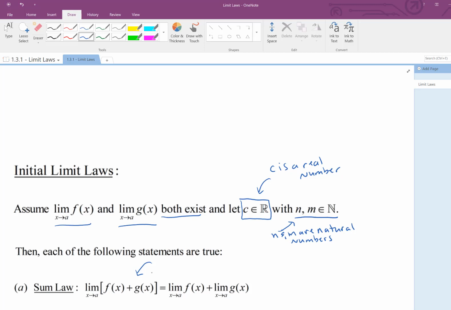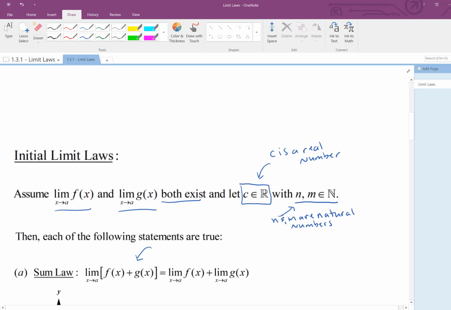But for this first one, I want to show you a graphical analysis of why it could be true, a visual representation, and then you can get the idea with the rest of the limit laws I'm about to show you. You could do a similar thing graphically to reassure yourself, but of course you could also prove it.